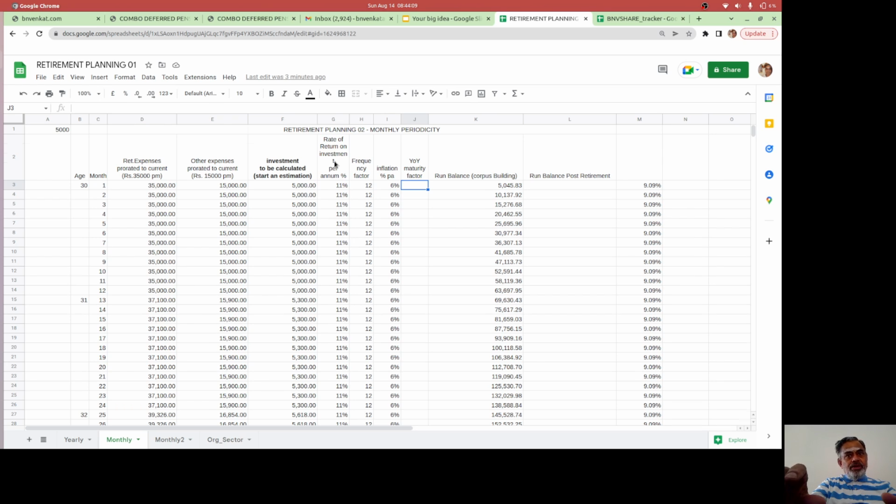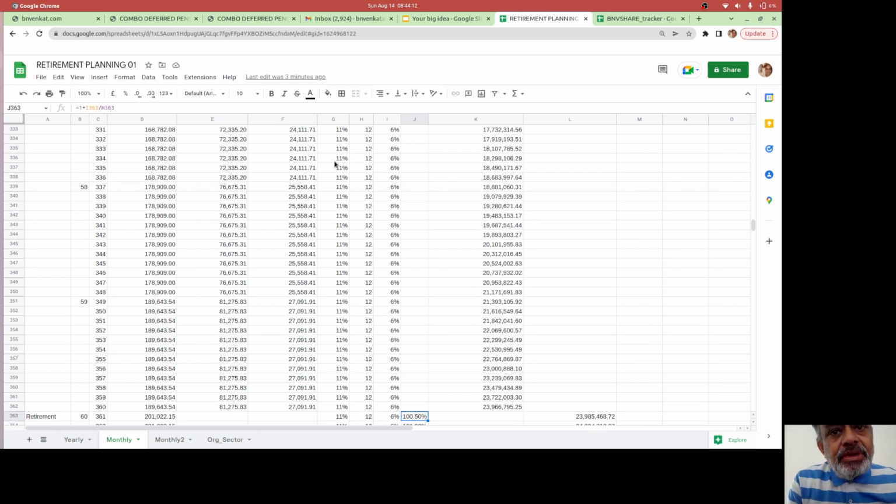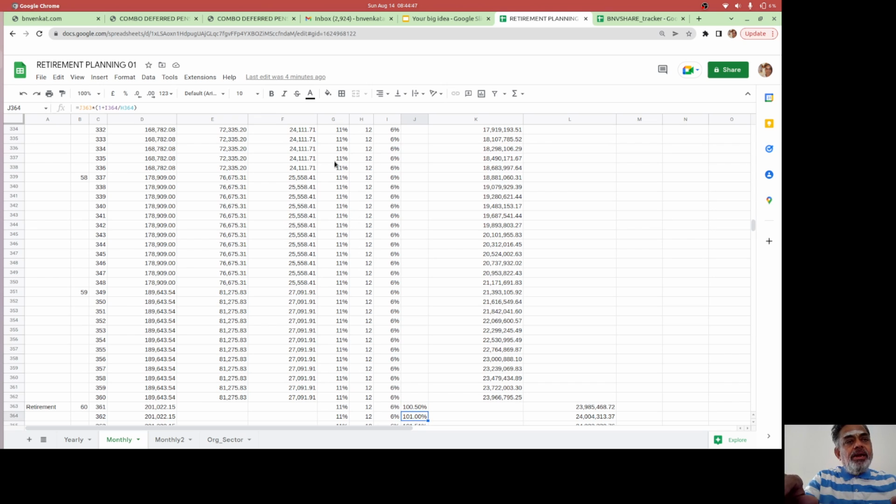It starts from the retirement age, at the end of the 60th year, with the maturity figure, because up to the 59th year end we have generated a corpus of 2.39 crore. Now we are calculating the year on year inflation.